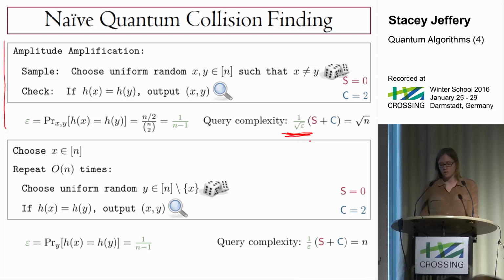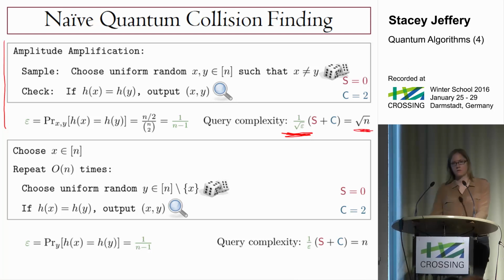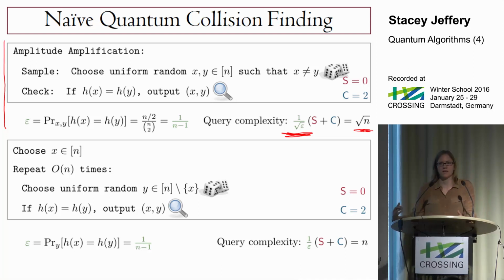That gives us a total complexity of big O square root n queries, compared to the classical version of this algorithm, which takes big O of n queries. So you can just design a classical algorithm, and you have also designed a quantum algorithm, and its complexity is better.